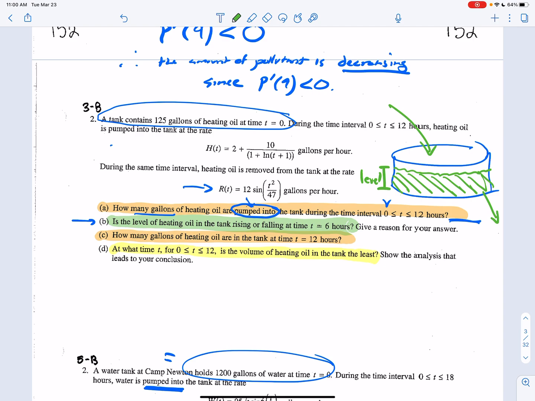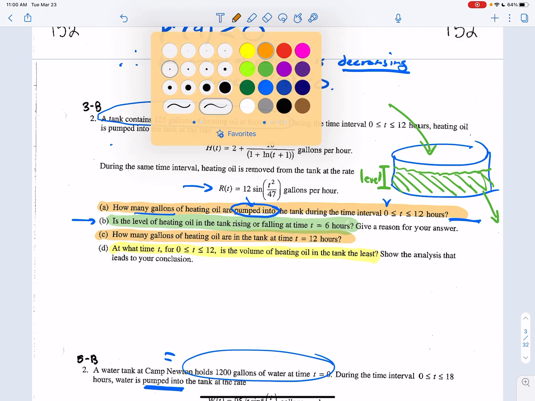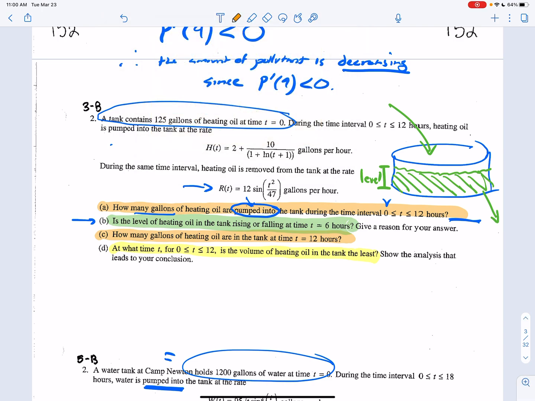So what we have to do here is compare two derivatives. If you want to know if the level of heating oil is rising or falling, we're going to check its derivative. If we want to know if something's increasing or decreasing, we check the derivative. But here, remember, h of t is already a rate.